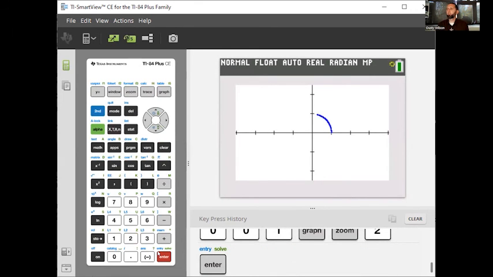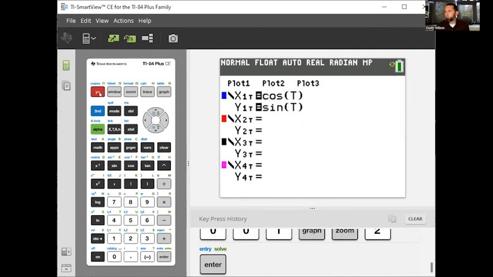Nice. So there's our circle. We notice that this is rotating counterclockwise, and it's starting on the right side. We want to be clockwise and starting at the bottom. So we figured this out somewhat earlier, when we realized if we swapped our sine and our cosine, things get a little bit better.